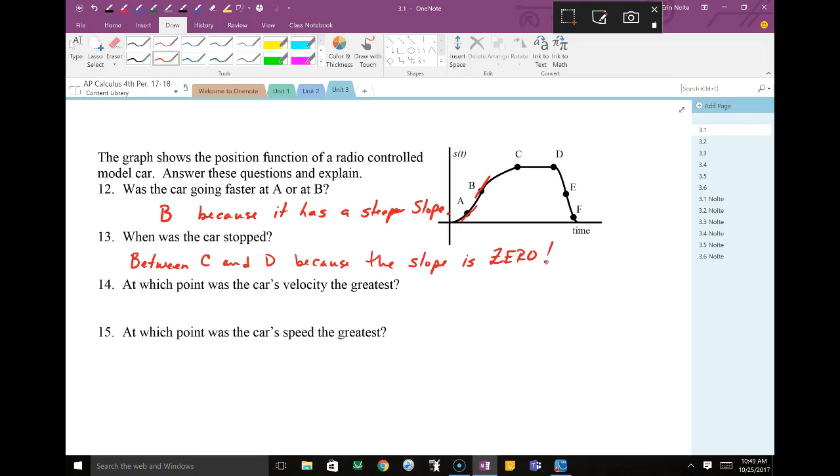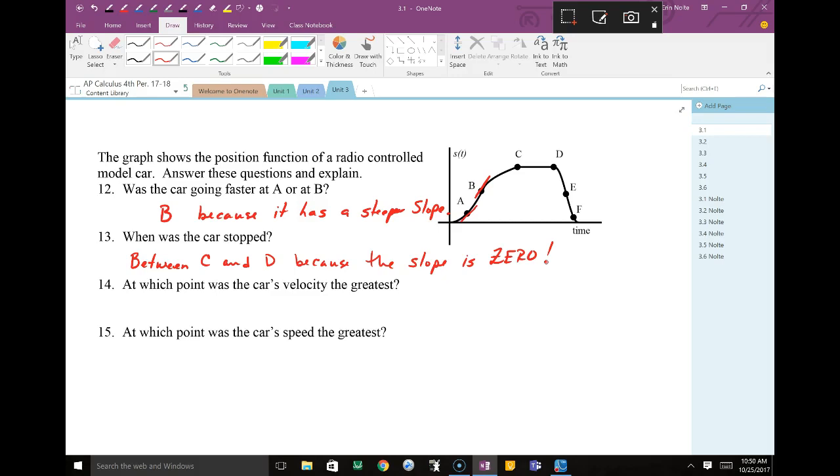Okay, at what point was the car's velocity the greatest? E and F? Is there one that seems steeper than the other? Okay. The answer to this is B. Exactly.